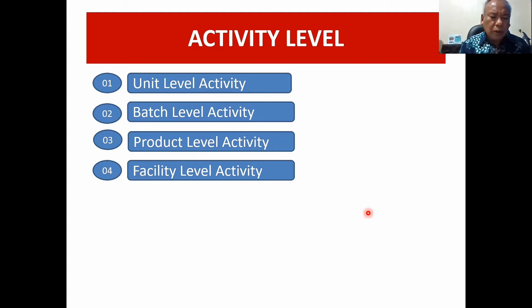Any production or no production will not influence the facility level activity. That's why, because the facility level activity doesn't have correlation with the units produced, with the products, we cannot assign the facility level cost to product.